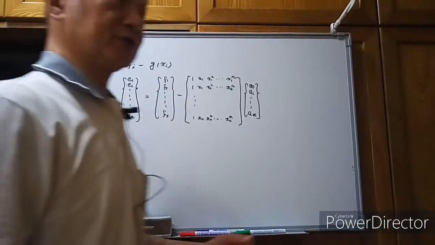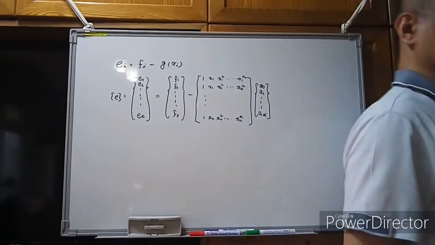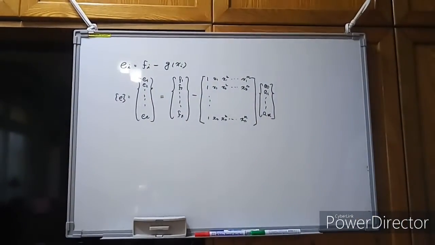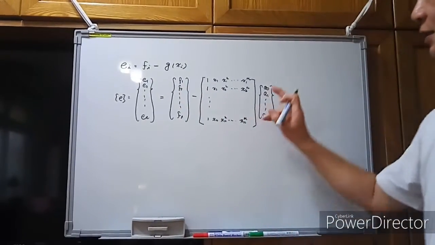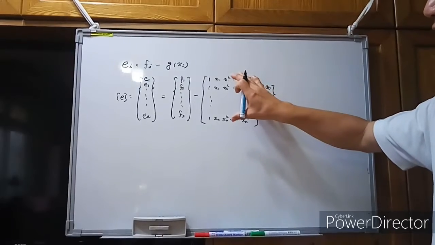This vector includes the function values for all the n data points, and the second is a matrix.